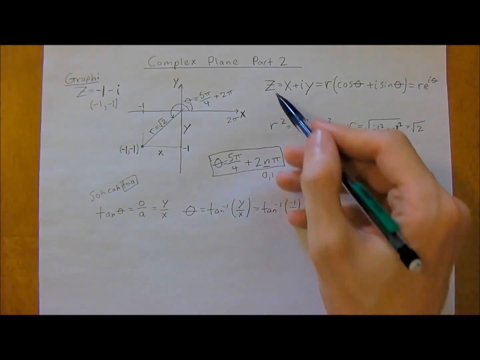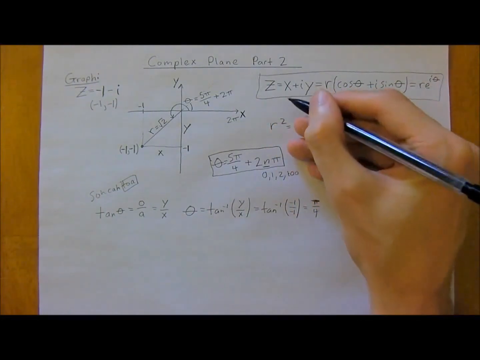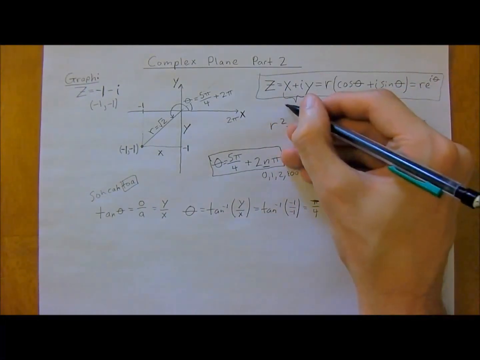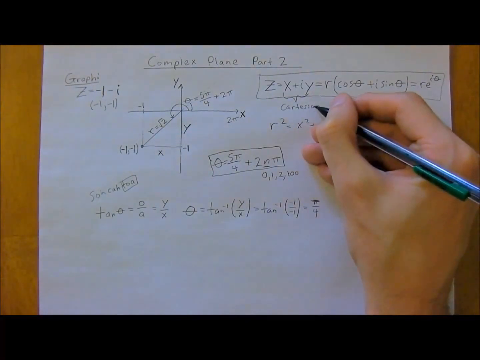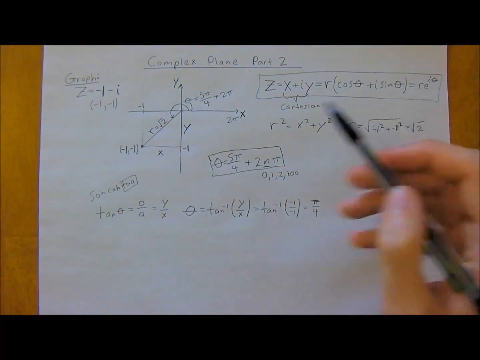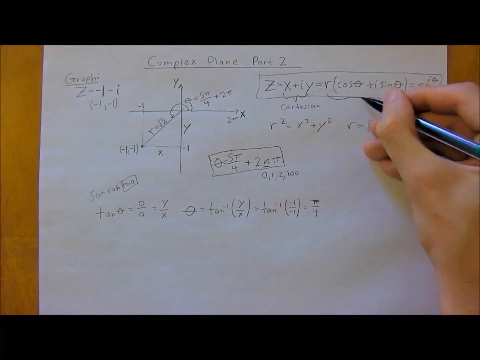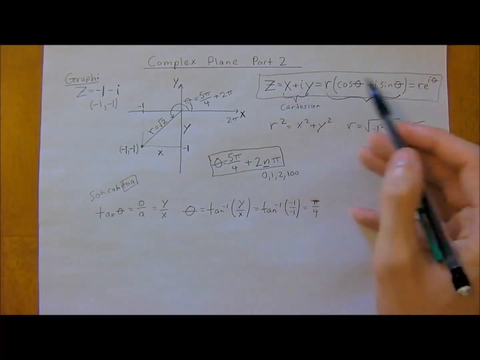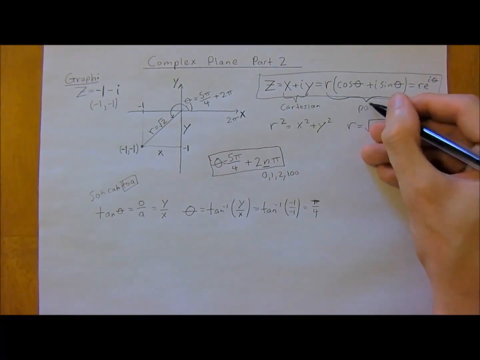And the other thing to note is that this is a great conversion here. This form is good for the Cartesian coordinate system. But when we start moving to the polar coordinate system, we begin using this way. And you can just transfer between these two. This is good for polar.